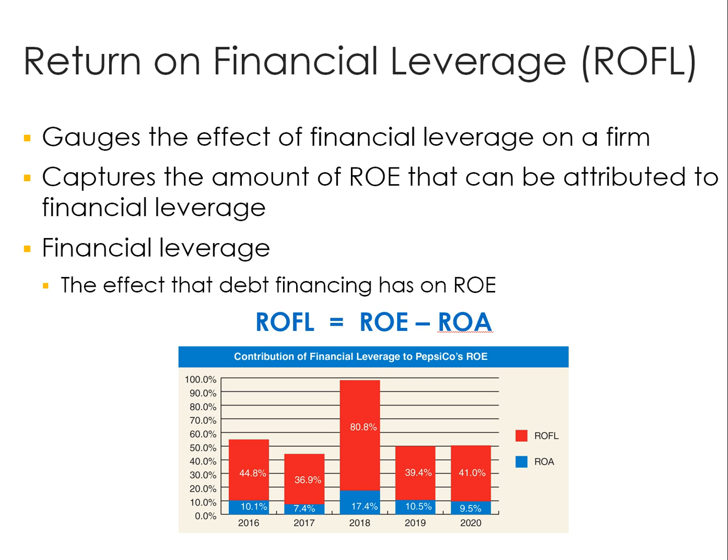So we have seen the relation between ROA and the return on financial leverage. Now we're going to calculate the effect of financial leverage on the firm's profitability. Basically, the difference between ROE and ROA is the return on financial leverage.